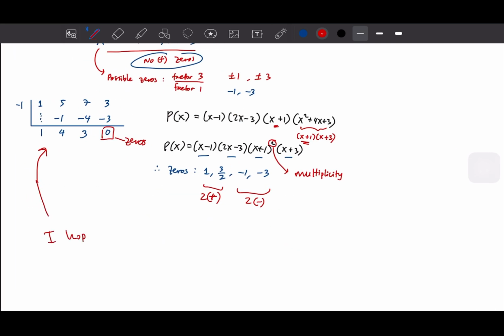I hope you master the synthetic division. Okay. In the next sections, we're going through some more examples. I hope I can give you enough, sufficient examples, so that you can understand more.